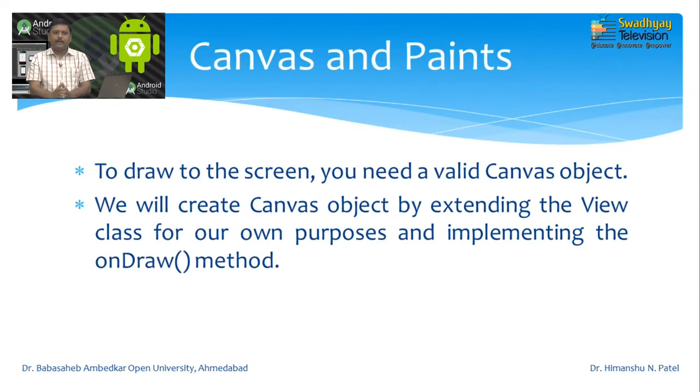For displaying or drawing shapes on screen, we can use Canvas and Paint. A Canvas object can be created by extending the View class for our own purpose and implementing the onDraw method. Inside the onDraw method, we specify what to draw.